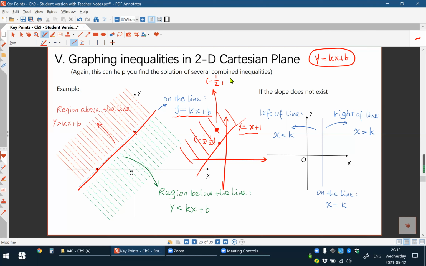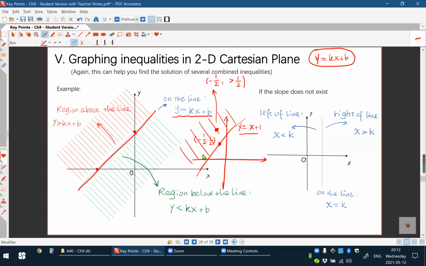If its y coordinate is 1/2, then this point is actually on this line, right? And for any y coordinate that is above 1/2, the point should be in the region that is above this line, right?